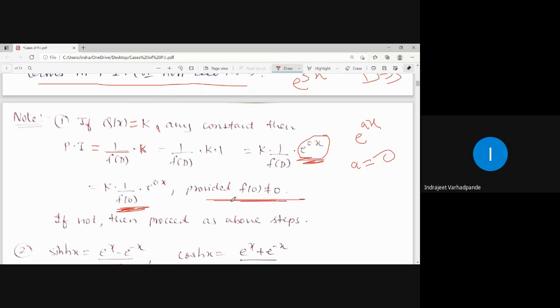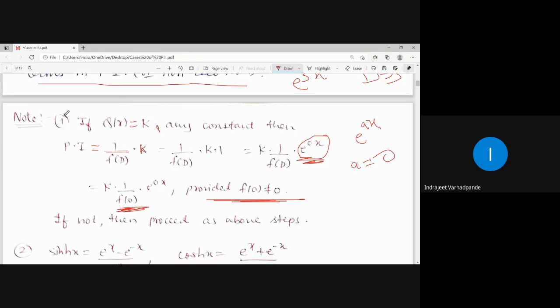Provided the denominator is not equal to 0. Right? So a constant in the differential equation, if the RHS is given to you as a constant, still it is converted to case number 1, because a constant can be written as constant into 1, and 1 can be written as e to the power 0x.